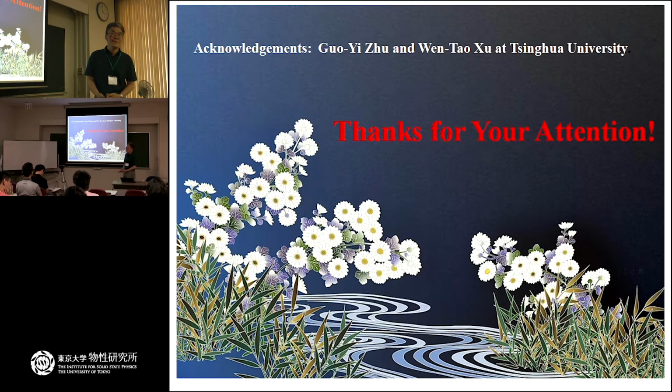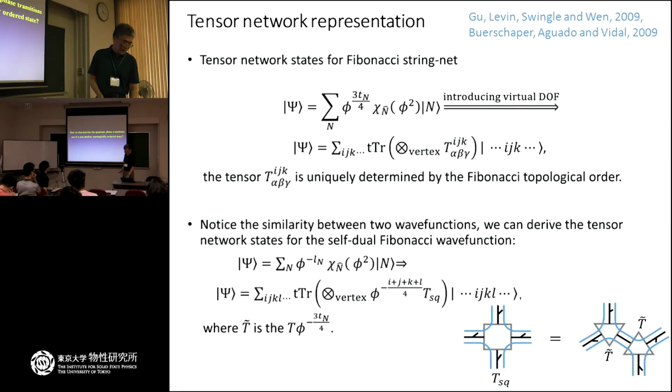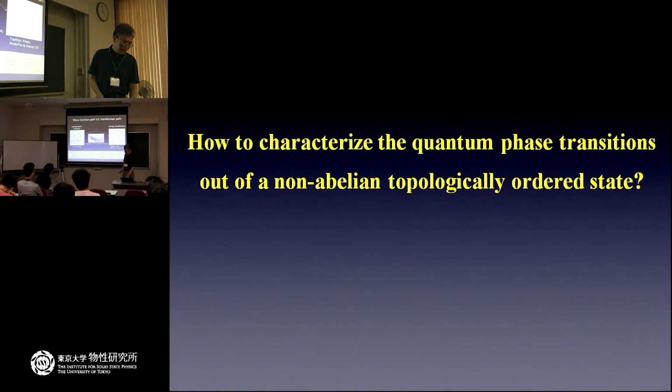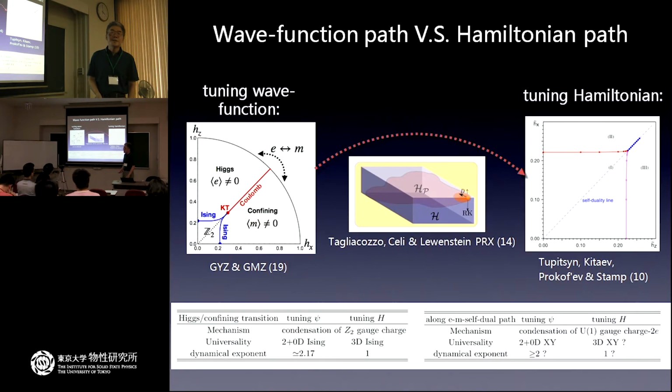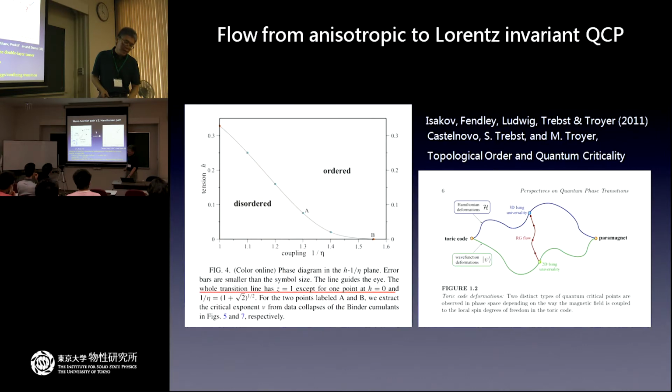Please. So you said that the 2D Ising transition in the Ashkin-Teller model is unstable towards the 3D Ising transition. Yes. And what happens to the KT transition point? The KT is very delicate. Is there a similar instability towards another point?